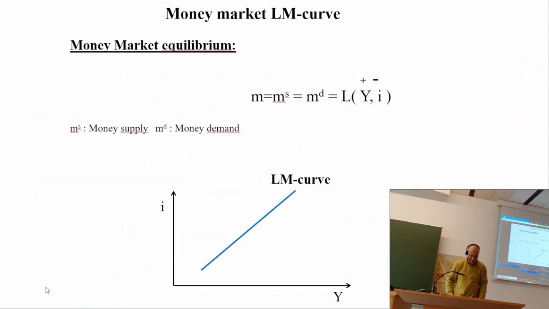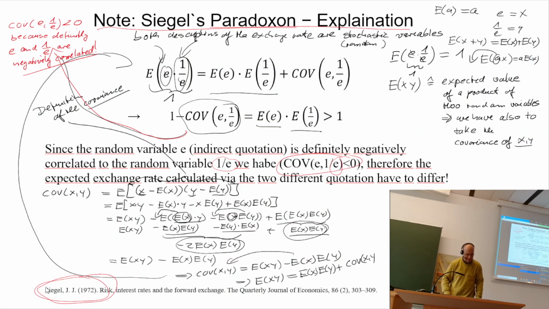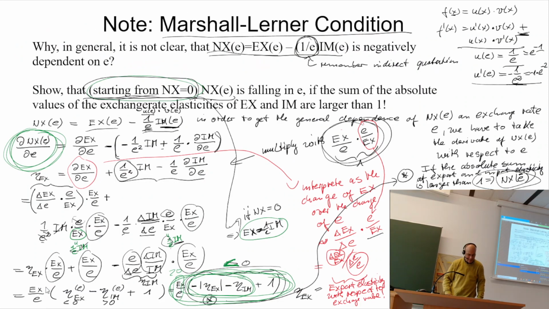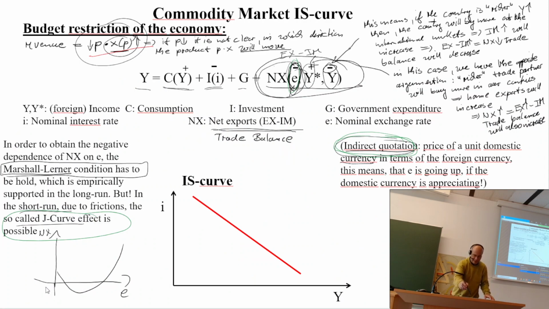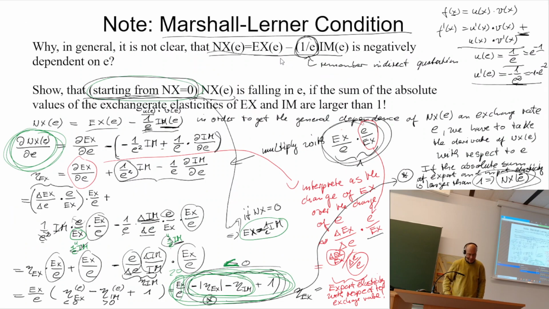Okay, but now we have discussed this dependence of net exports on the exchange rate, and I gave you also this hint that we have to be careful when we are dealing with expected exchange rates.